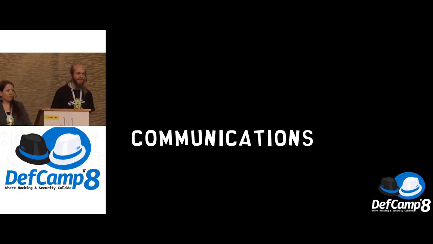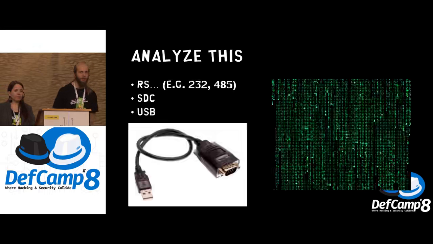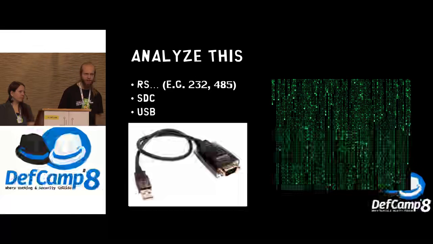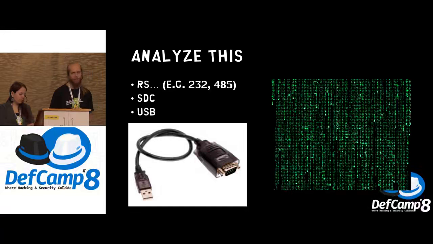That was about devices inside ATMs. Let's speak about the communication lines that connect these devices to the ATM computer. Often they are common interfaces like serial ports, USB ports, or something called SDC. It's essentially also a serial bus, but with connections for multiple devices.